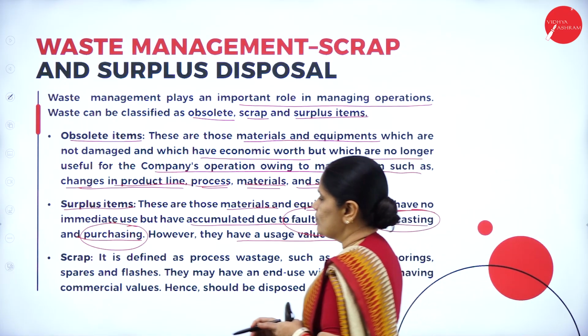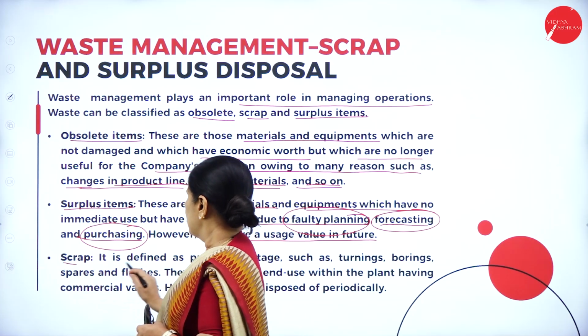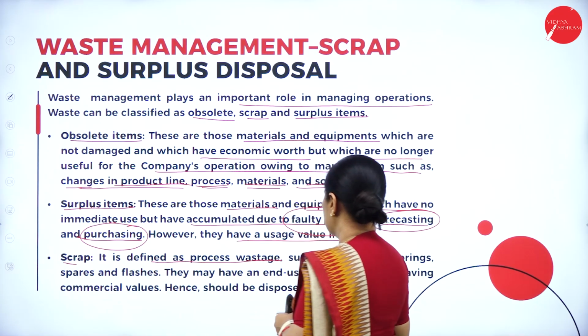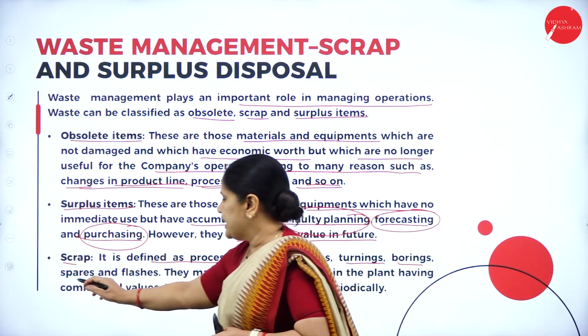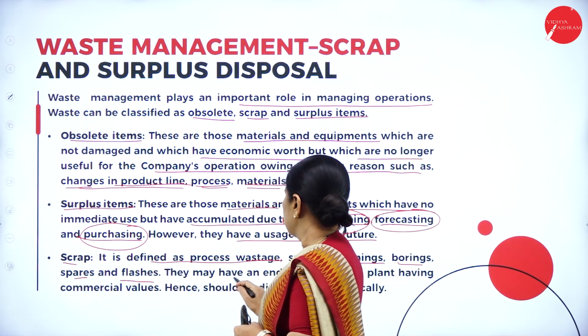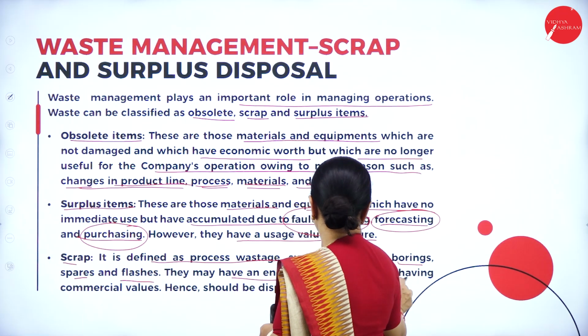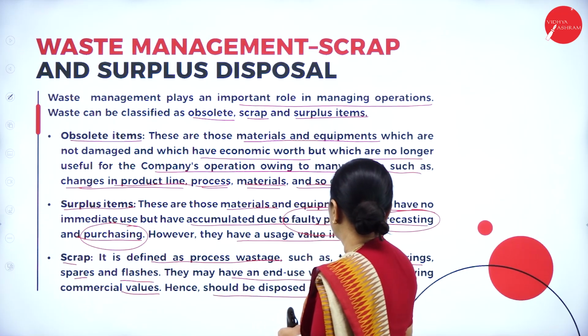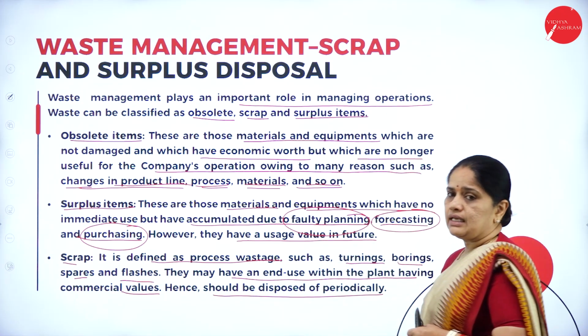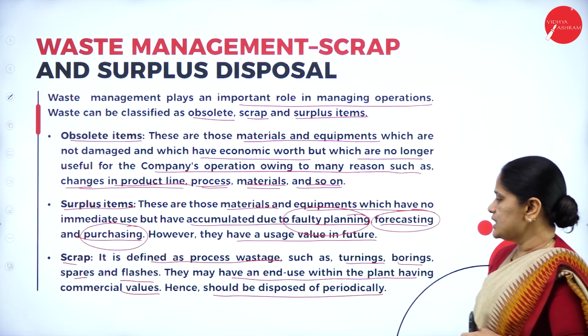Then the last one is the scrap. It is defined as a process wastage such as turnings, borings, spares, and flashes. They may have an end use within the plant having commercial values, hence should be disposed of periodically. Scrap is the process wastage.